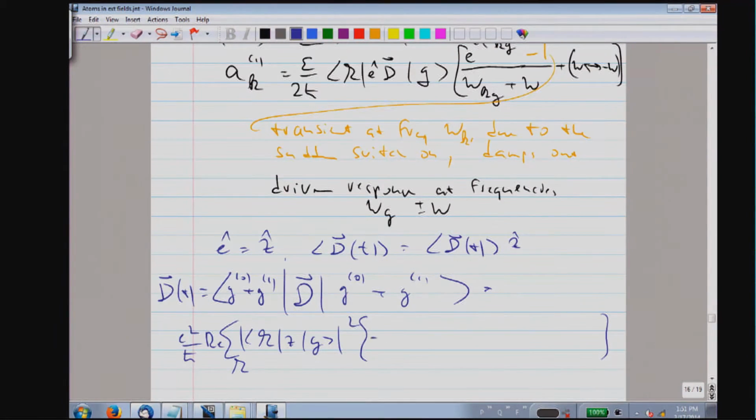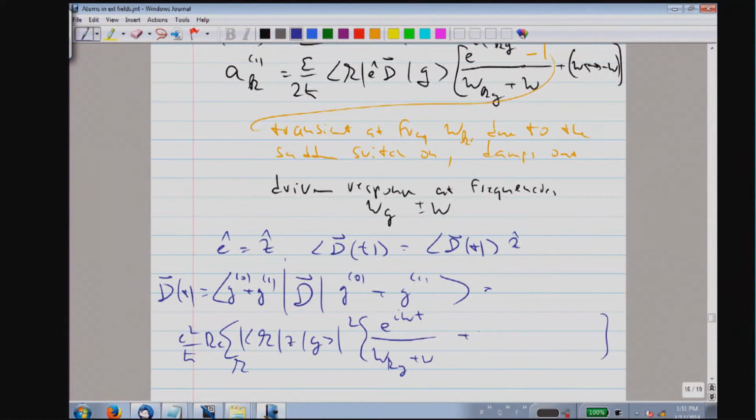And the time-dependent term is e to the I omega t, and then we have the term with plus and minus omega.